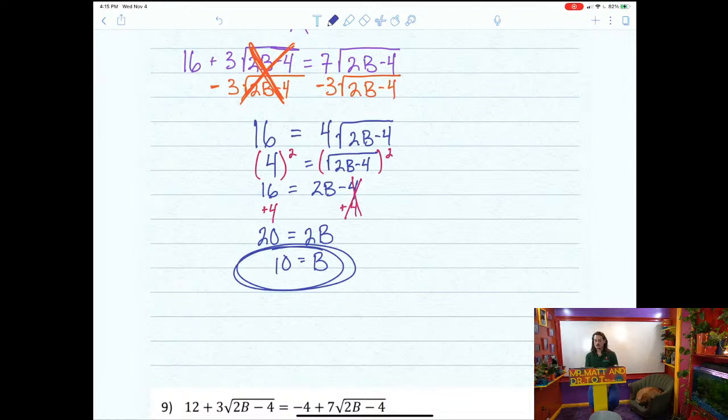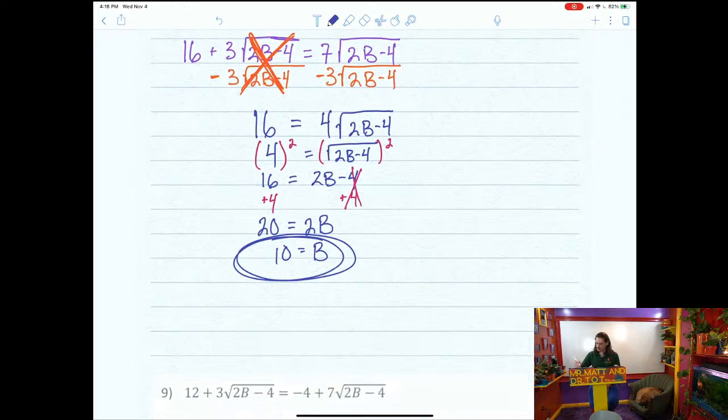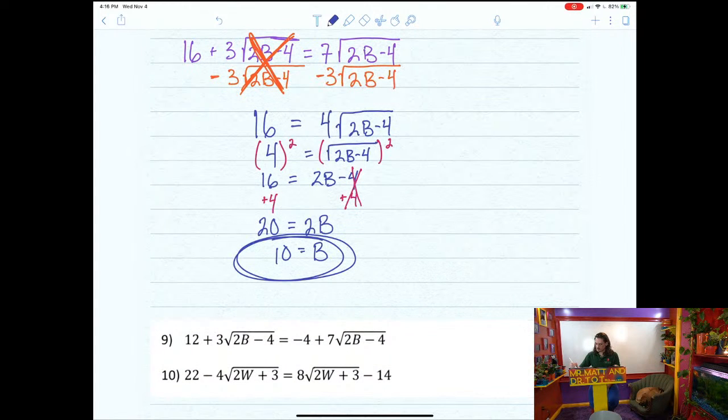I'll give you a few moments to make sure that you get that work down. If you have any questions, then please let me know. Otherwise, take a look at the question labeled number 10, which I'll crop here to get rid of 9.